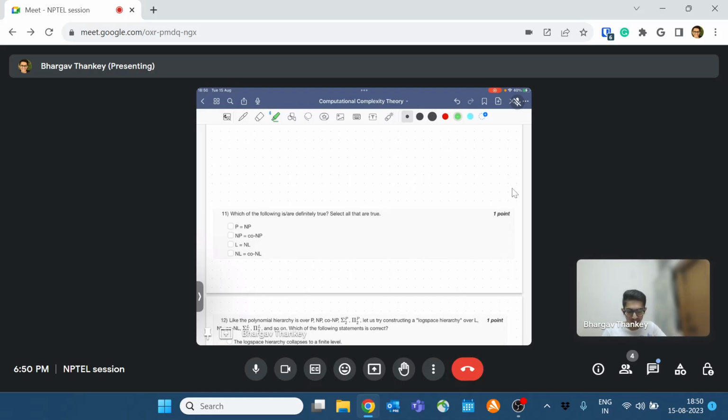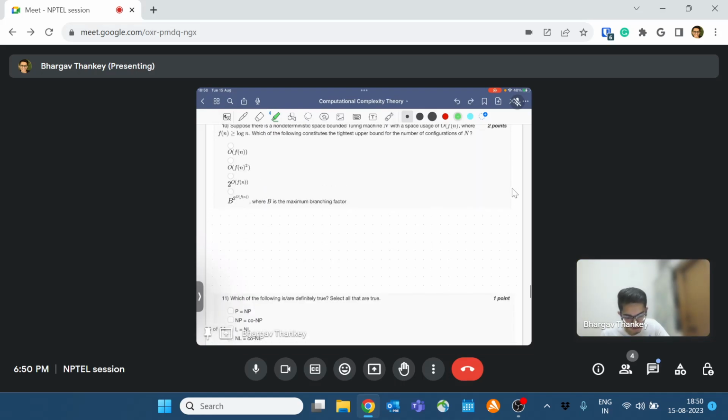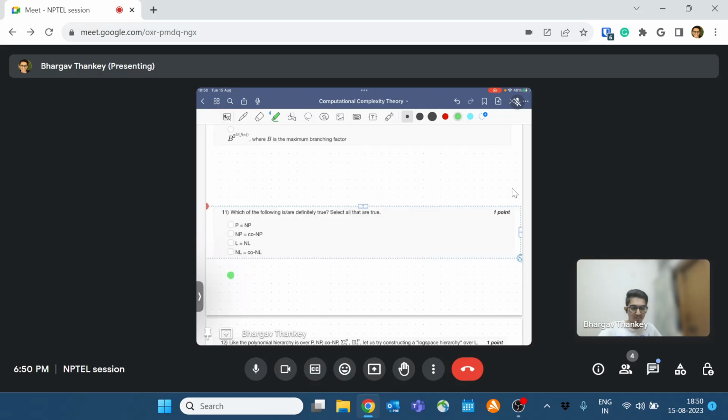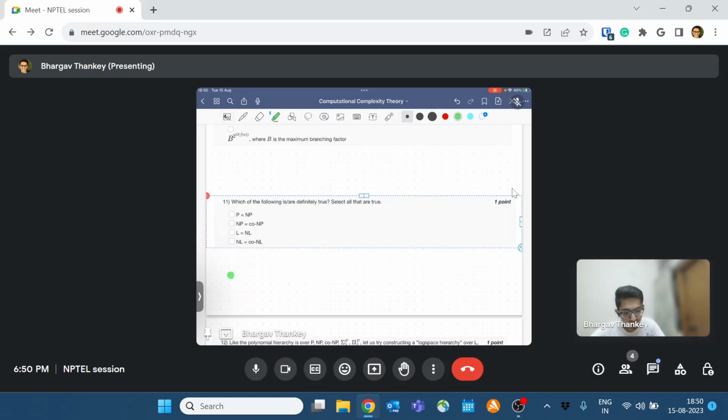Okay, D is true. How do we know that C is also true? We can view it in light of Savitch's theorem, and since log is a special case of Savitch's theorem, it can also be true. Yeah, let me write it down. So Savitch's theorem says this, right?